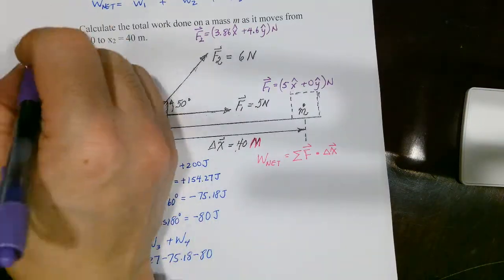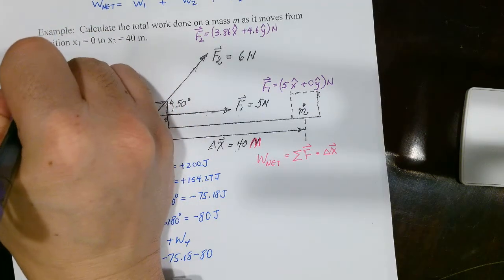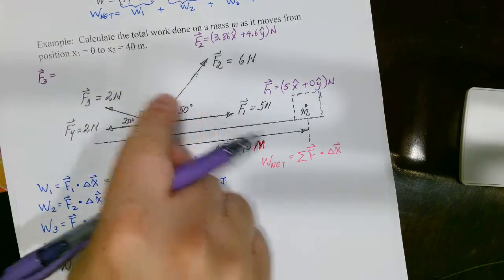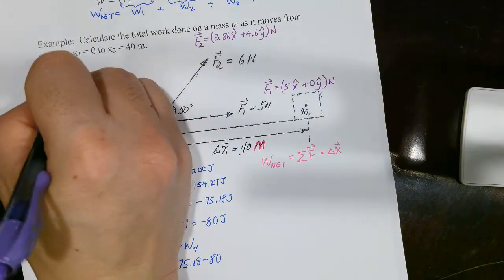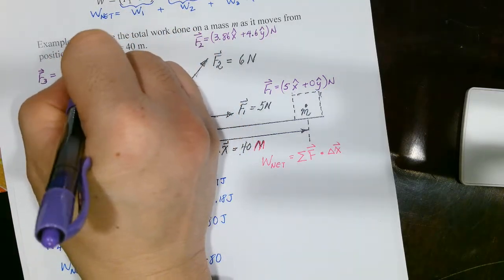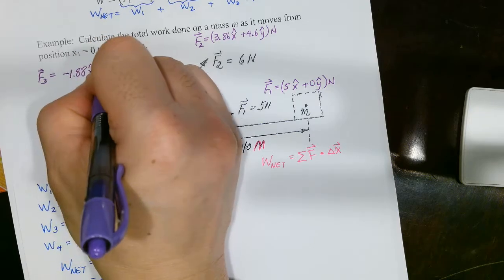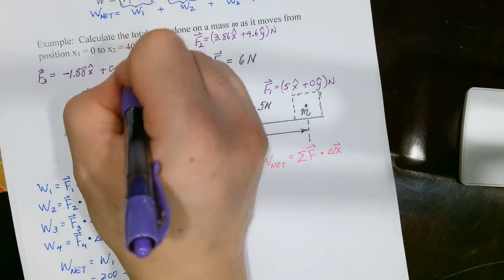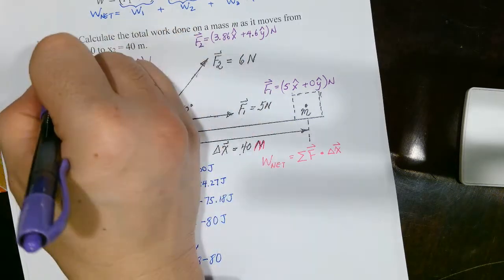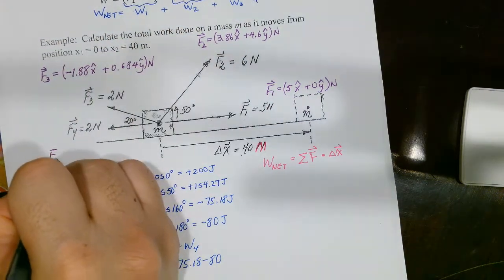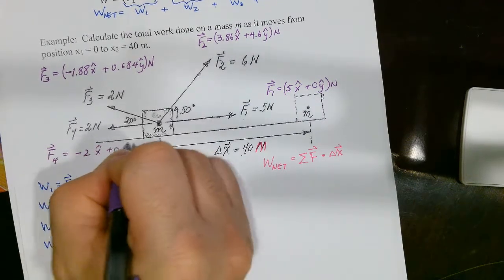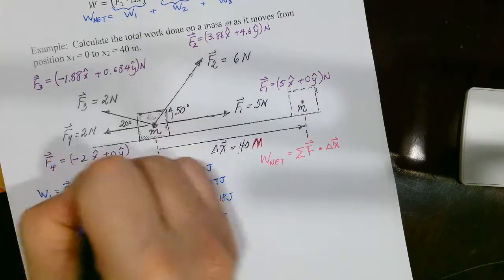And for F3, you have 2 times cosine of 160, which is negative 1.88 x hat, plus 0.684 y hat newtons. And F4 is easy, because that is simply negative 2 x hat plus 0 y hat newtons.